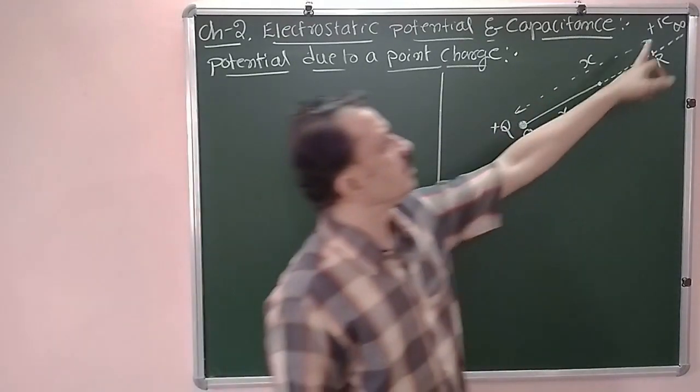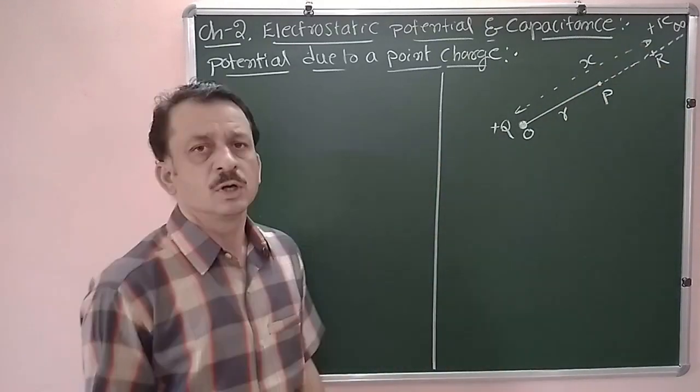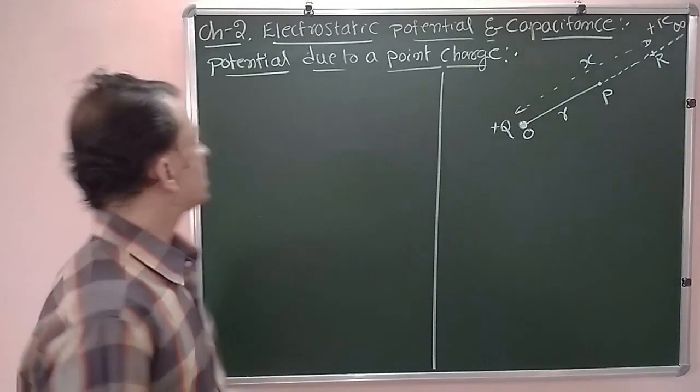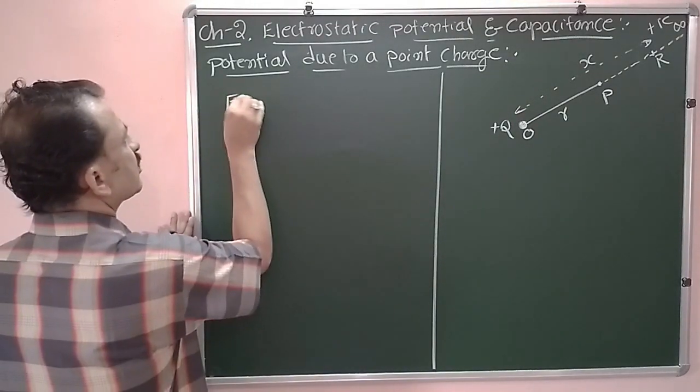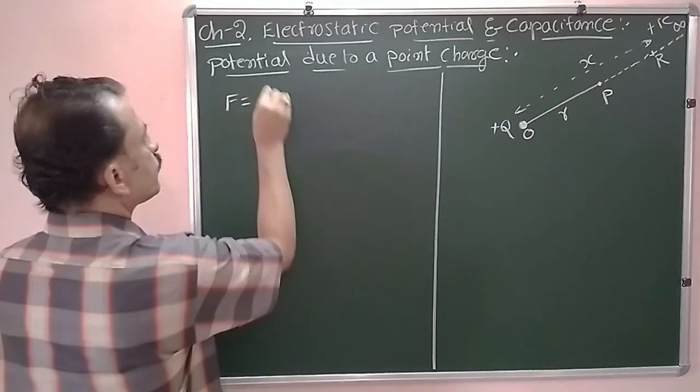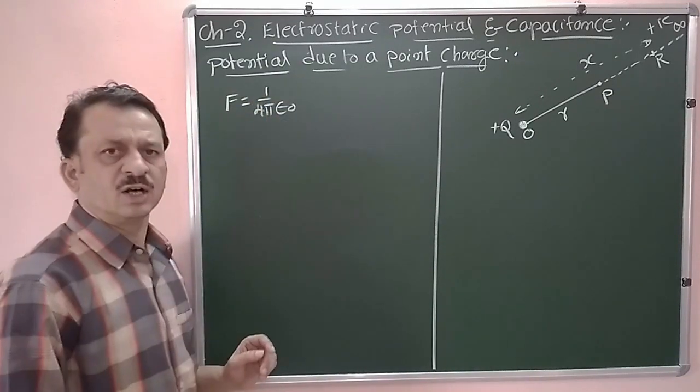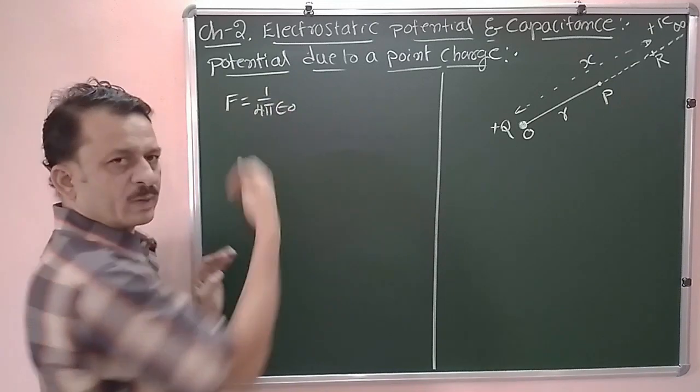Now the unit charge is at R. At R, the electrostatic force between these two charges is given by the general formula 1 divided by 4 pi epsilon naught Q1 Q2 by R square.